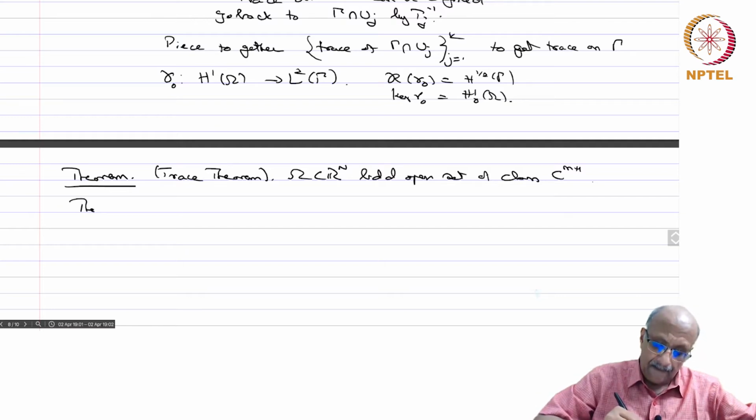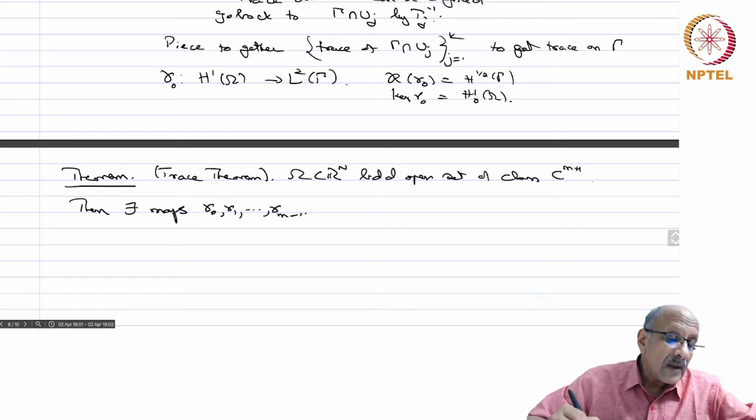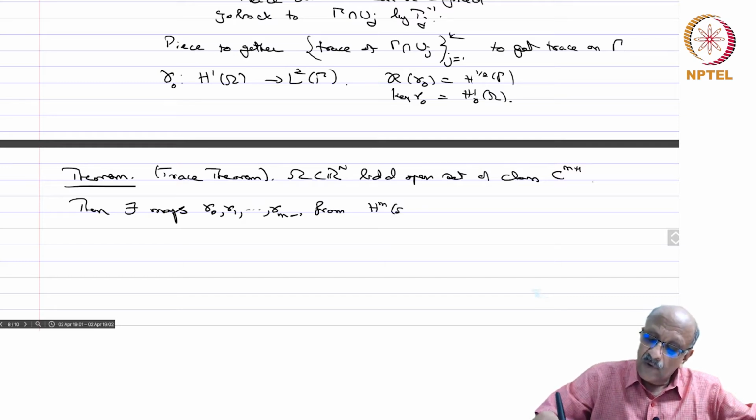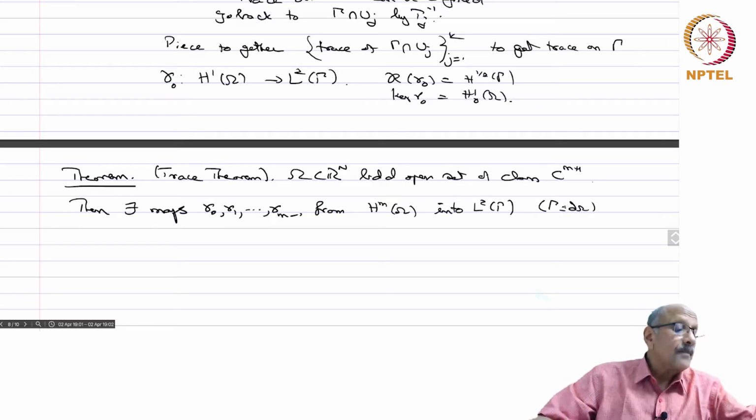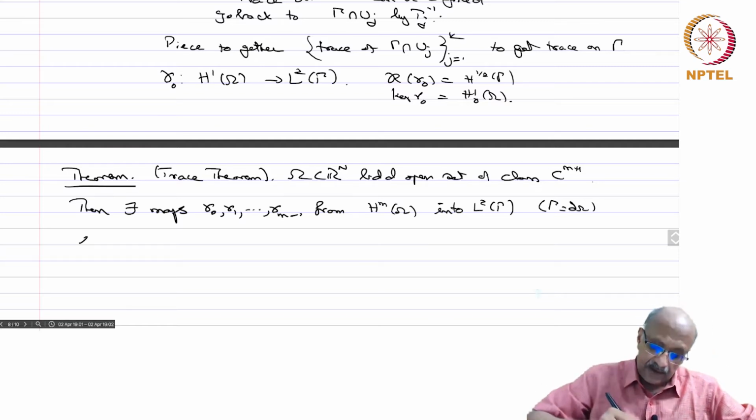Then there exist maps gamma naught, gamma 1 up to gamma m minus 1 from Hm of omega into L2 of gamma, gamma equals d omega, such that 1.